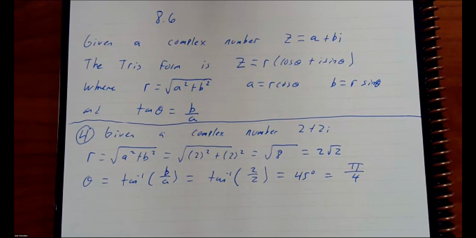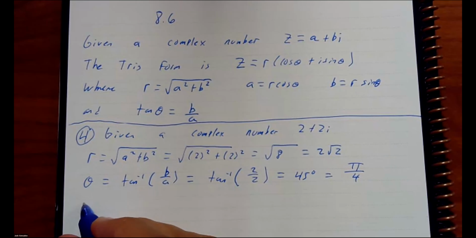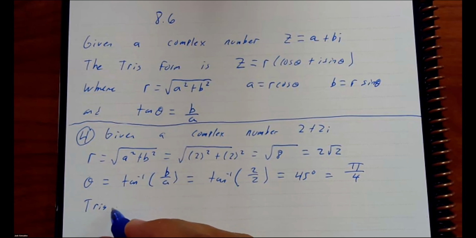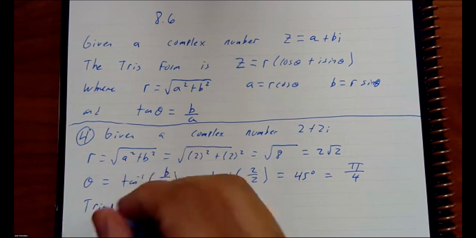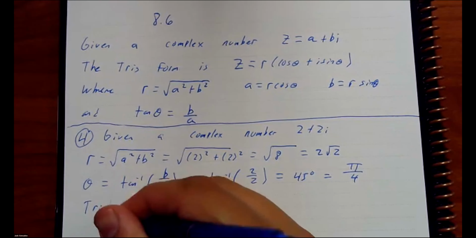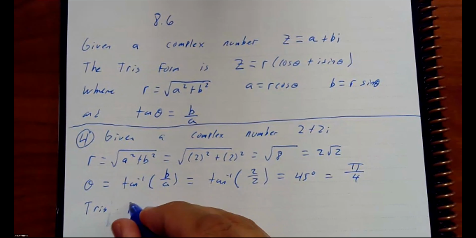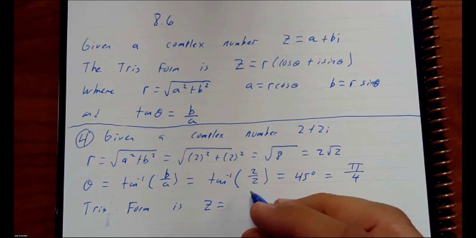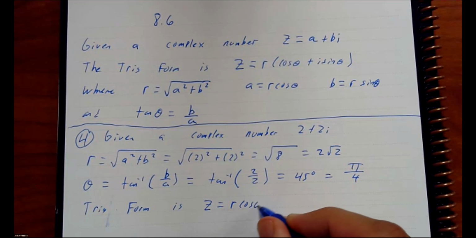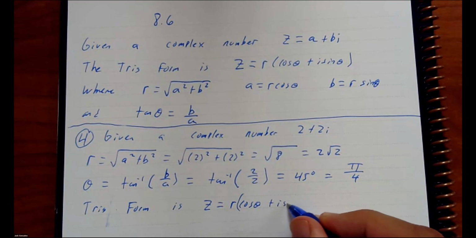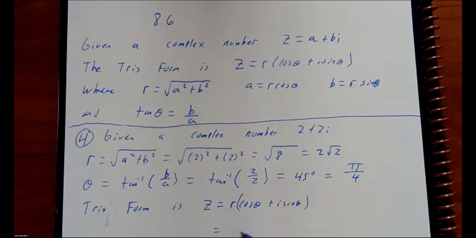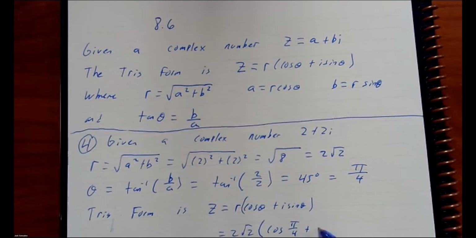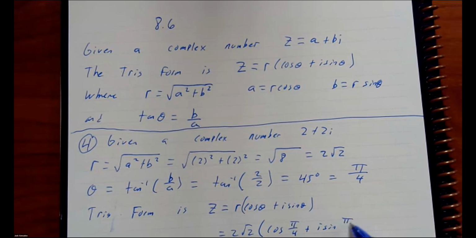Okay, so just plug it in. So trig form is z equal to r cosine theta plus I sine theta, which will be 2 square root 2 times cosine of pi over 4 plus I sine pi over 4.